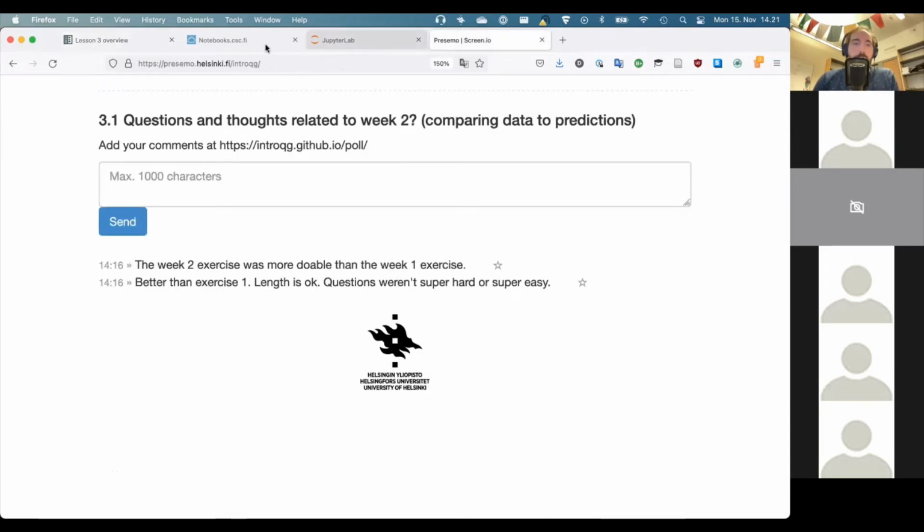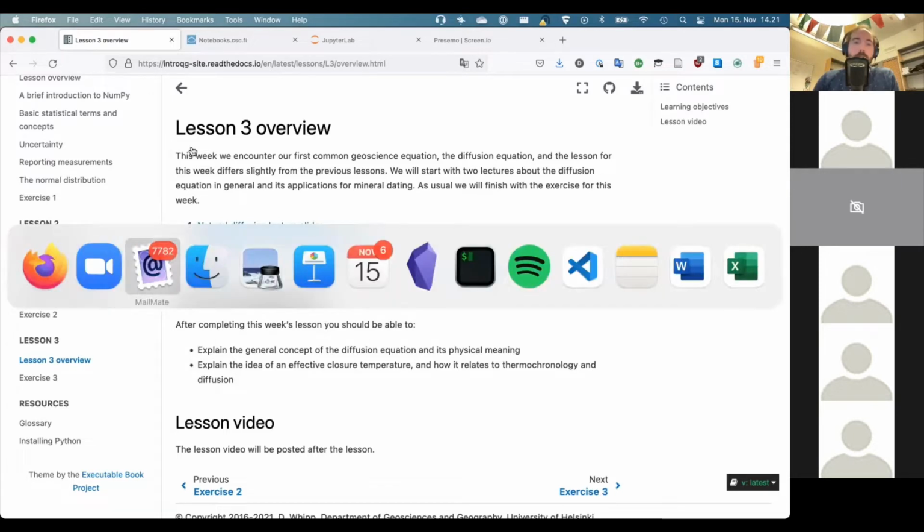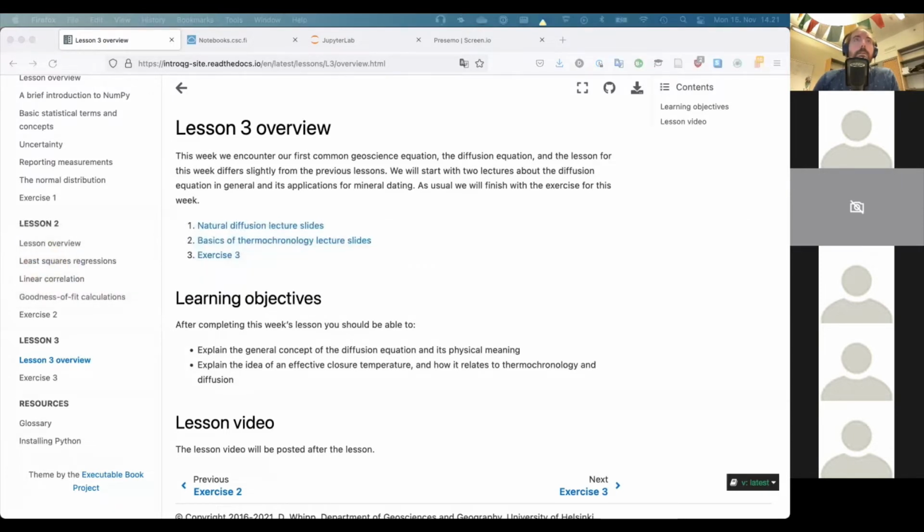I don't see any additional feedback here. As I mentioned, we're going to talk about the diffusion equation today, and we can get started with some slides about it. That will hopefully give you some idea of why it's a useful equation for us to talk about in general.